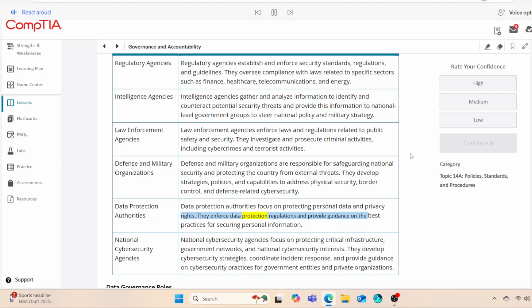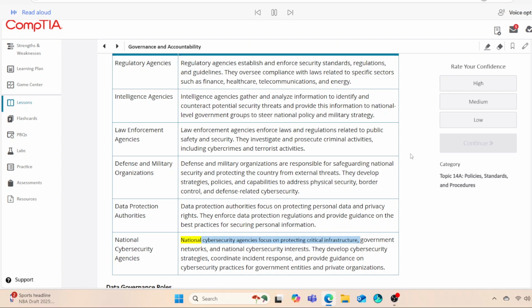They enforce data protection regulations and provide guidance on the best practices for securing personal information. National cybersecurity agencies. National cybersecurity agencies focus on protecting critical infrastructure, government networks, and national cybersecurity interests. They develop cybersecurity strategies, coordinate incident response, and provide guidance on cybersecurity practices for government entities and private organizations.